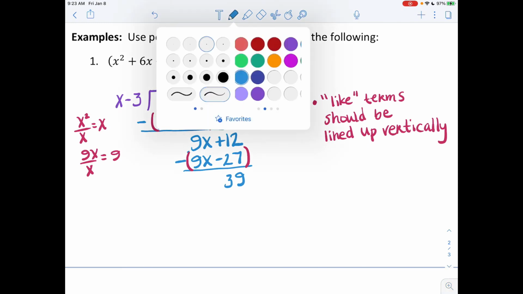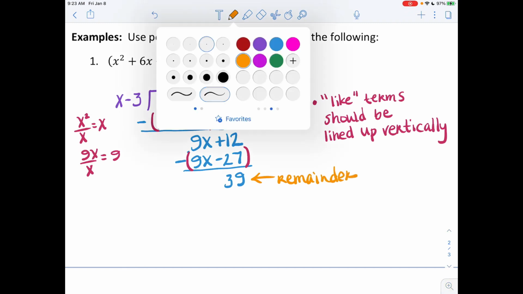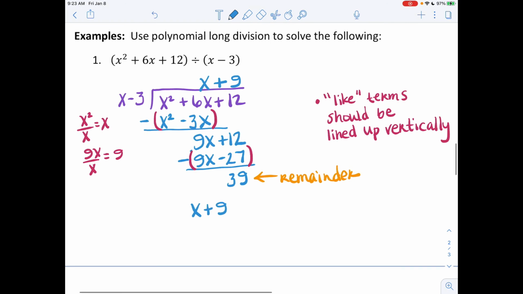So let's label that as our remainder. And remember that our final answer is going to be written as the quotient, which is x plus 9, and then our remainder. So the remainder is a positive 39, so we will say plus 39, but we need to divide it by x minus 3, which was our divisor.